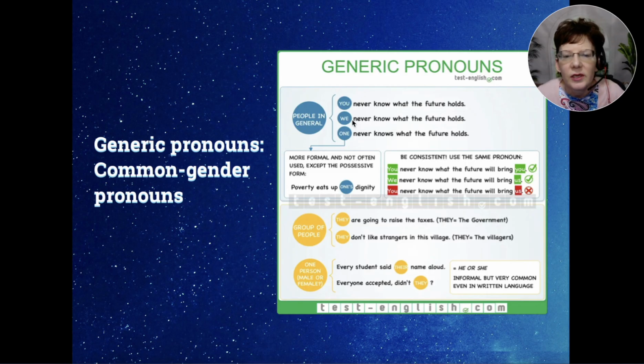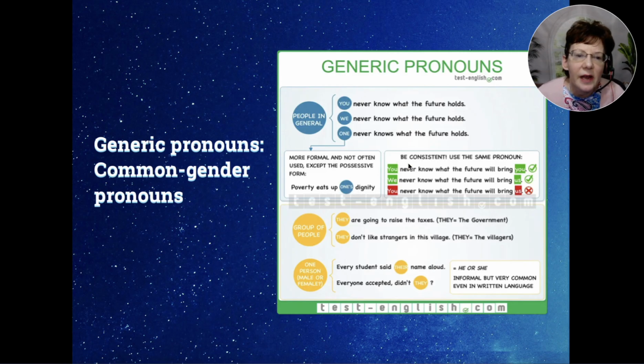Or you can use we with that, or one. Same sentence here. So this is more formal and not often used except in the possessive form. For example, you can say poverty eats up one's dignity. So this is the possessive form here.